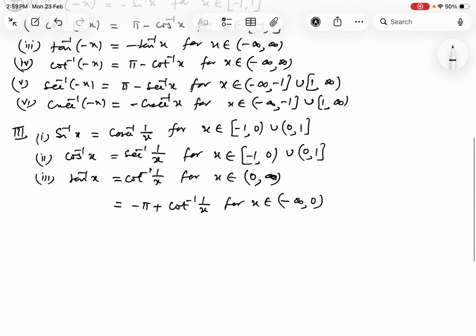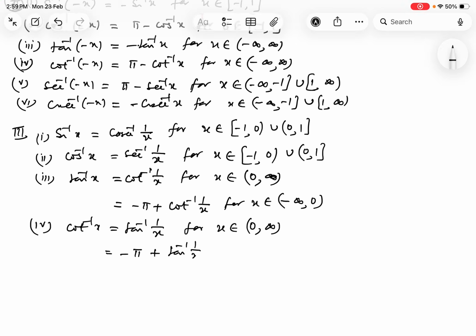And in this only, the fourth result is cot inverse x is equal to tan inverse of 1 by x for x belonging to 0 to infinity, and it is equal to minus pi plus tan inverse 1 by x for x belonging to minus infinity to 0. This is our third result.